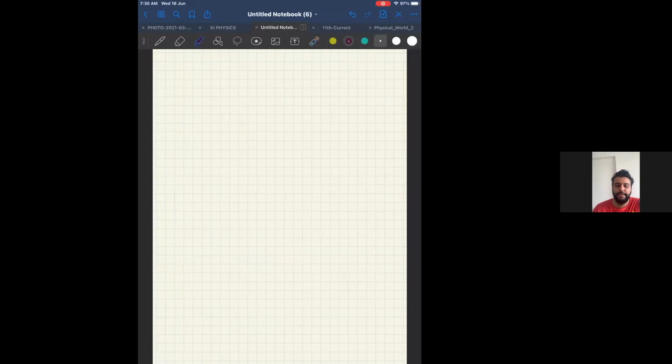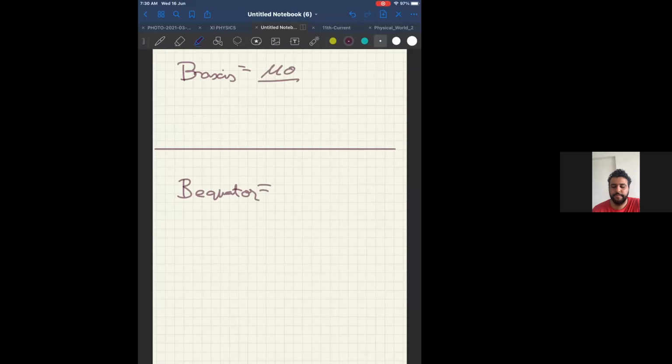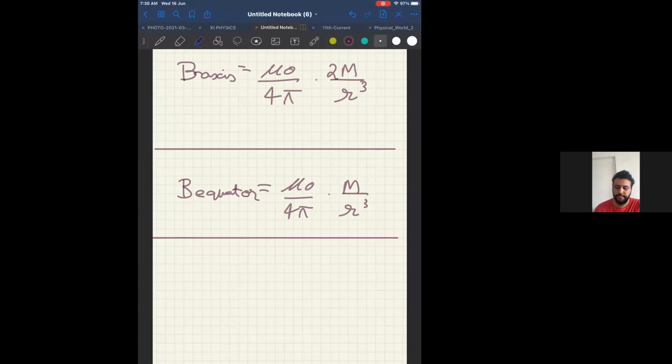Last year we studied the magnetic induction along the axis formula and the magnetic induction along the equator.